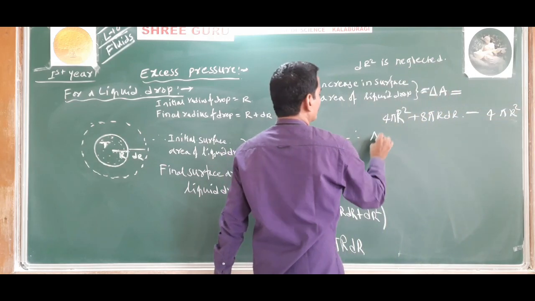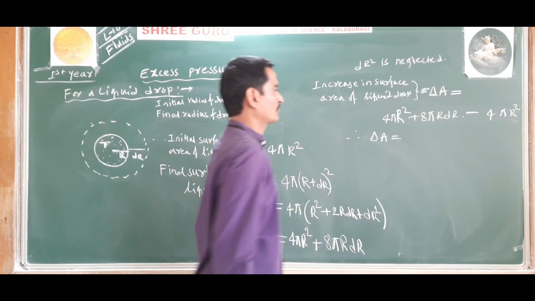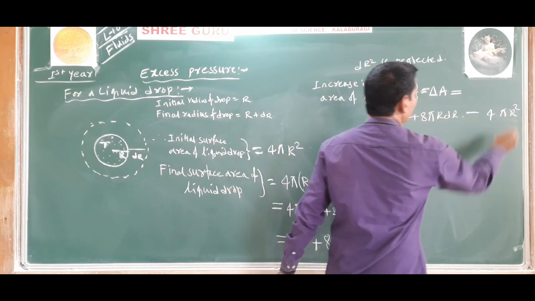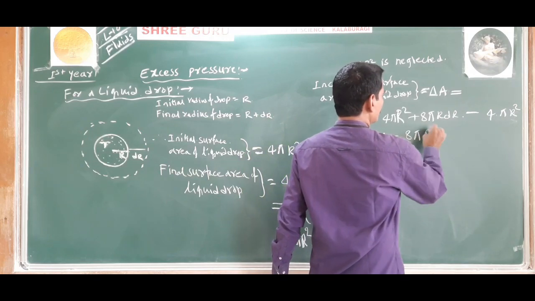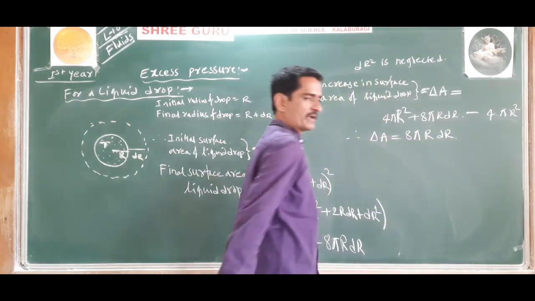So the 4 pi r square terms cancel, and delta A is equal to 8 pi r dr.